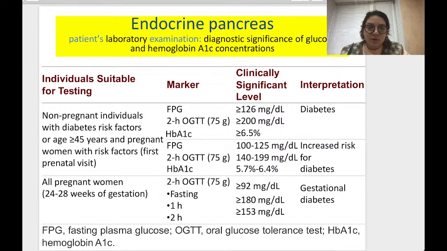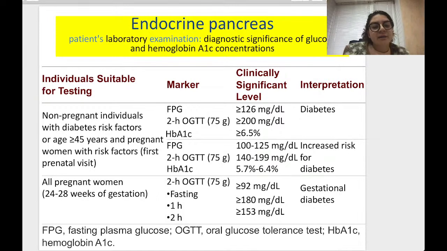If for this group fasting glucose is from 100 to 125 or GTT from 140 to 200 and glycated hemoglobin more than 5.7, it is increased risk for diabetes or pre-diabetes.